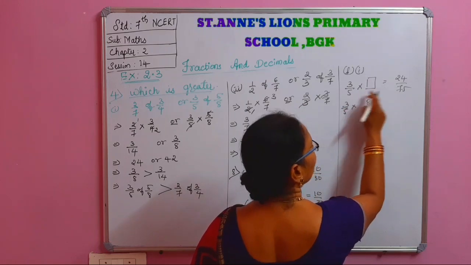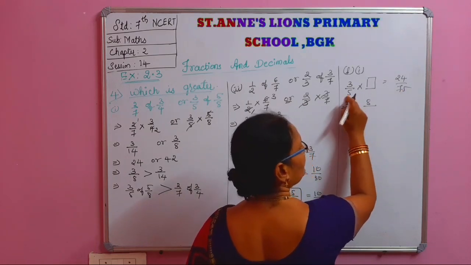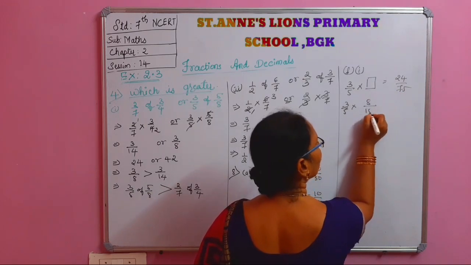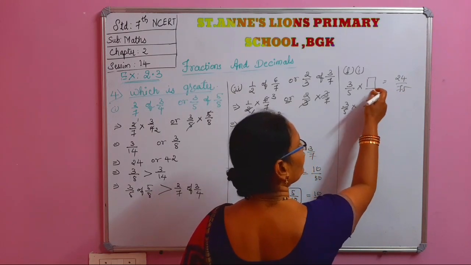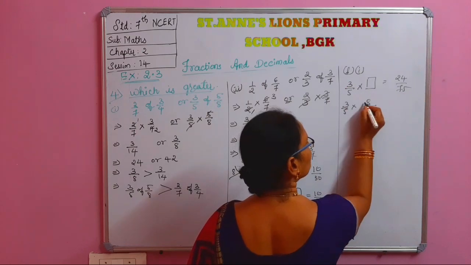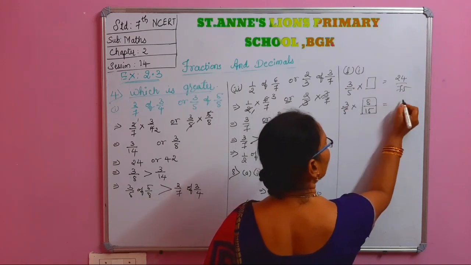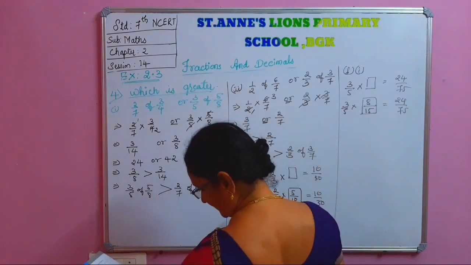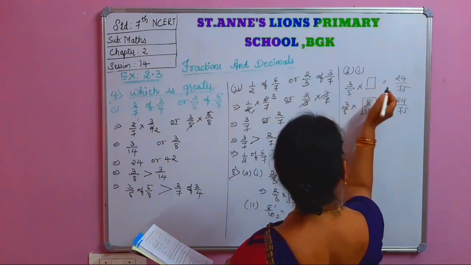Okay. 5 is there, 75 is there. With what number do I have to multiply 5 to get 75? 15. 5 15s are 75. So this will be the number in the box. That is the fraction in the box. That is B, first one.